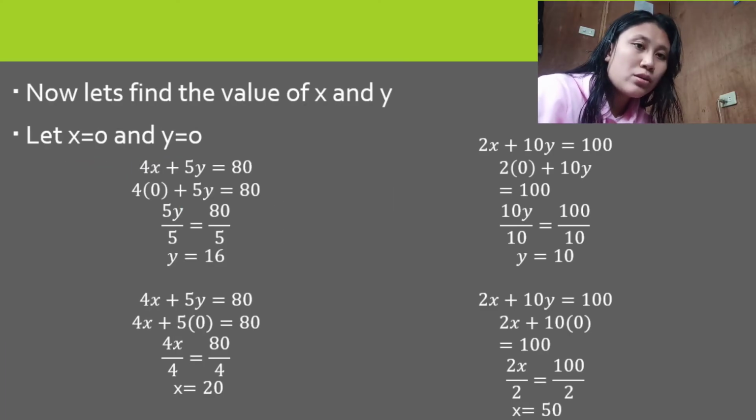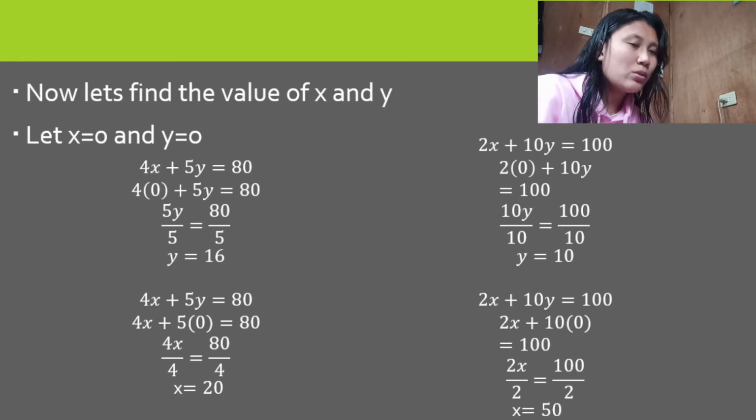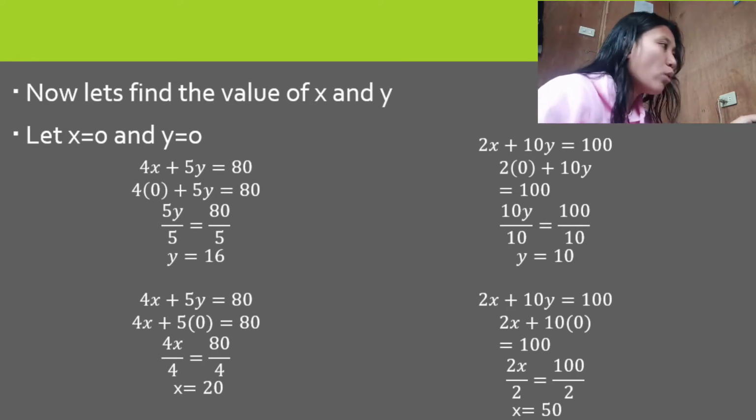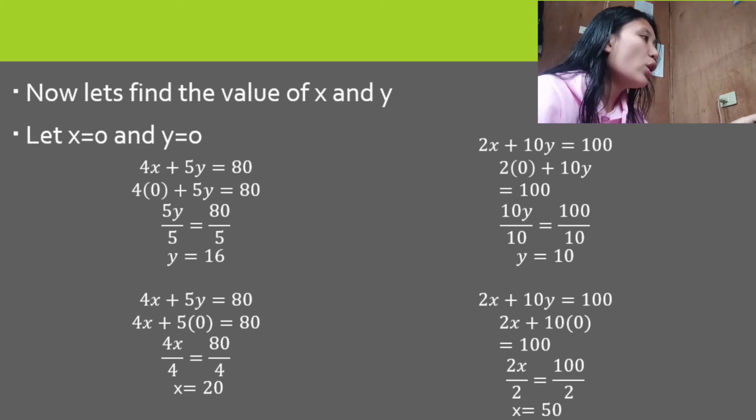Before we proceed to the graph, let's first find the values of x and y, where we let x equal 0 and y equal 0. We have the first equation, 4x plus 5y is equal to 80. 4 times 0 plus 5y is equal to 80.